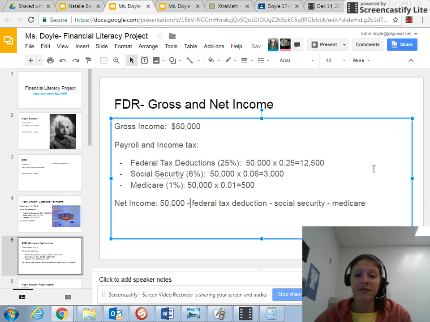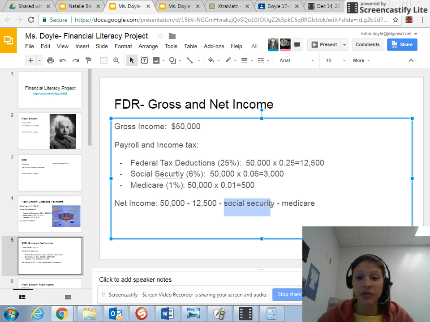And then for federal tax, you're going to take this amount right here, that 12,500, and you're going to put it right here. So all you're doing is working through Social Security, Medicare, we got 500.